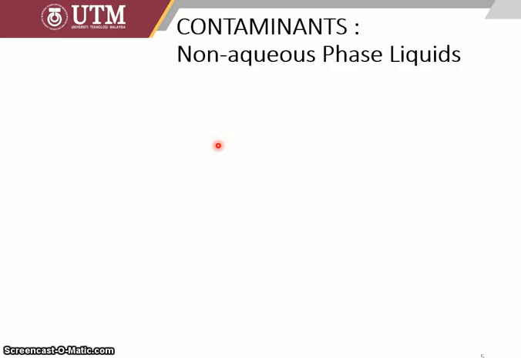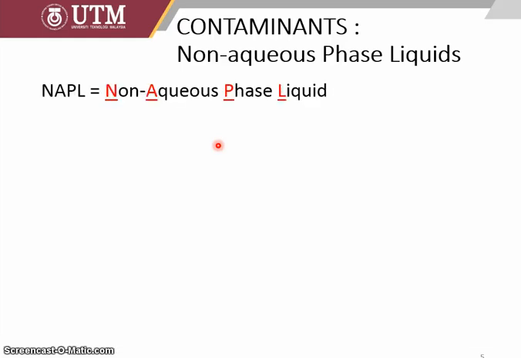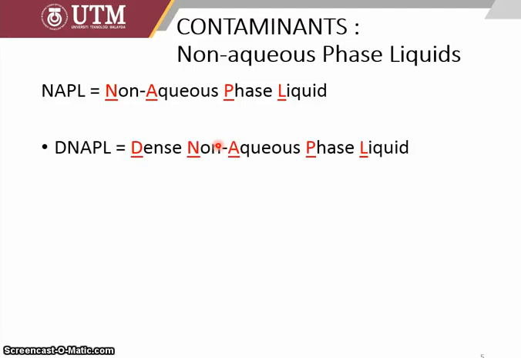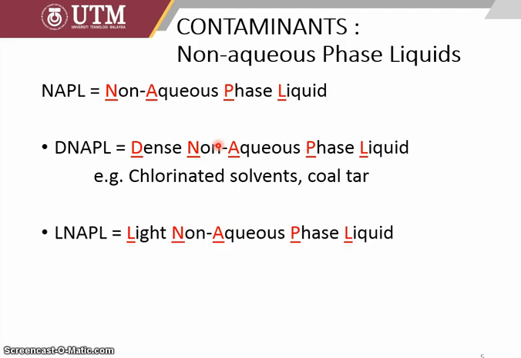Another thing that I would like to introduce, you will see a lot of this term, NAPL, which is non-aqueous phase liquid. This is the popular contaminant that will sink into our ground. We can have dense non-aqueous phase liquid or light non-aqueous phase liquid.